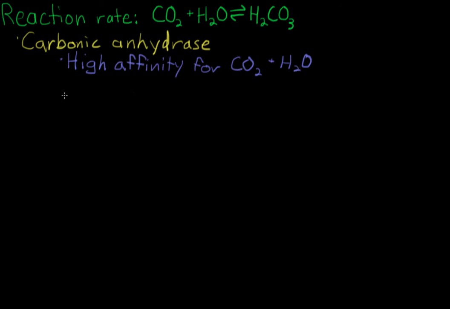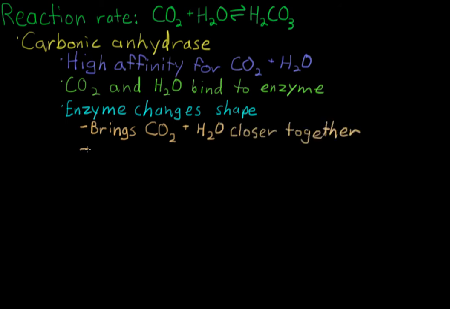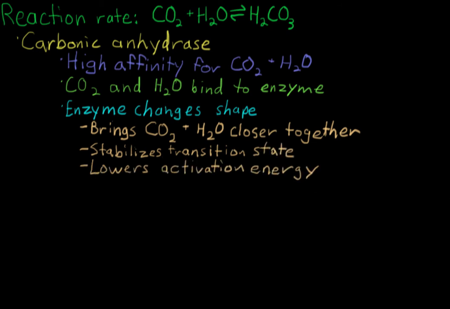This enzyme changes shape, and it brings the two molecules, carbon dioxide and water, closer together and stabilizes the transition state. So this enzyme, carbonic anhydrase, is an example of a catalyst.